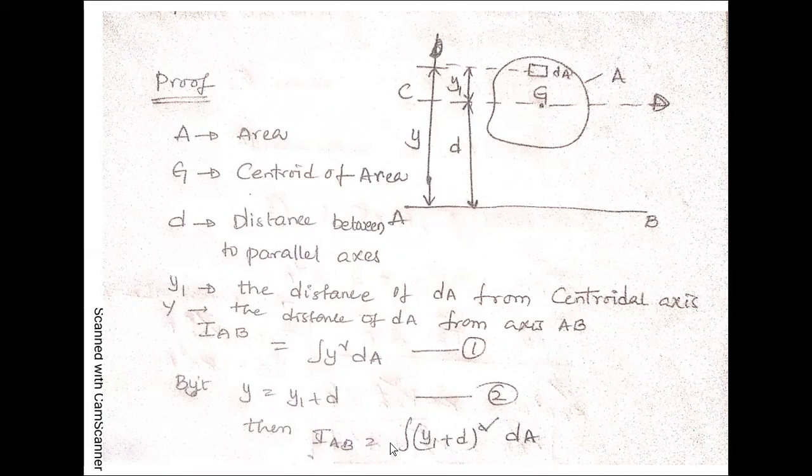If you substitute that into the above expression, the moment of inertia of the object about AB is integral of y1 plus d whole square dA. This looks like a plus b whole square.